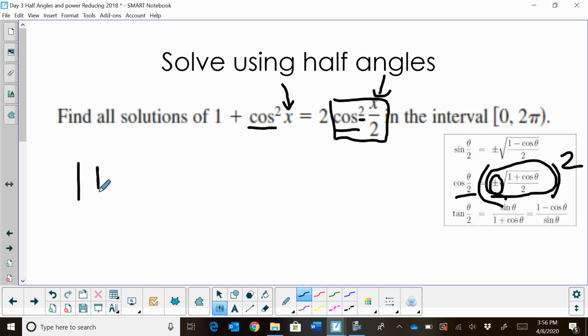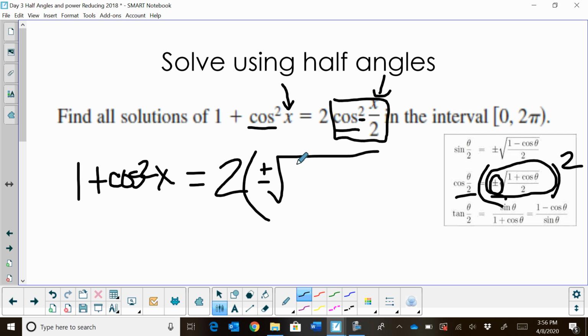So I'm going to plug in 1 plus cosine squared x. There's my left side, I'm just bringing it down. And then I'm going to have 2 times my half angle formula, which is plus or minus the square root of 1 plus cosine theta all over 2. And then this square means I'm going to square that formula.